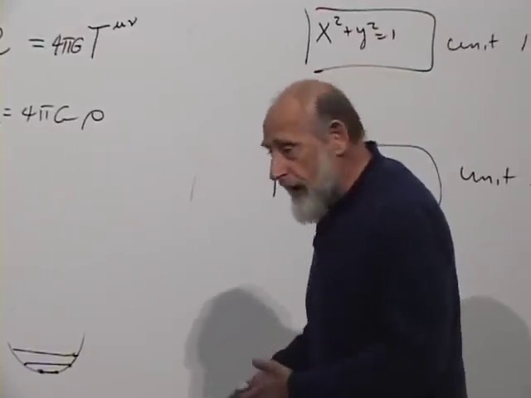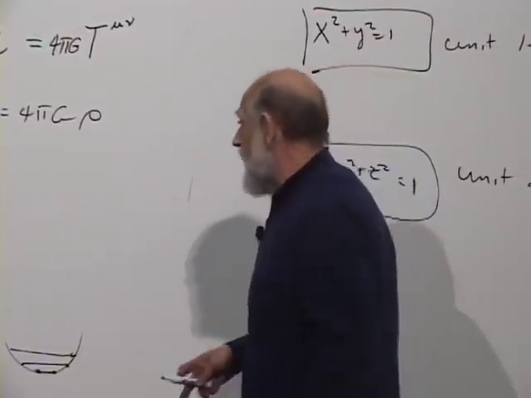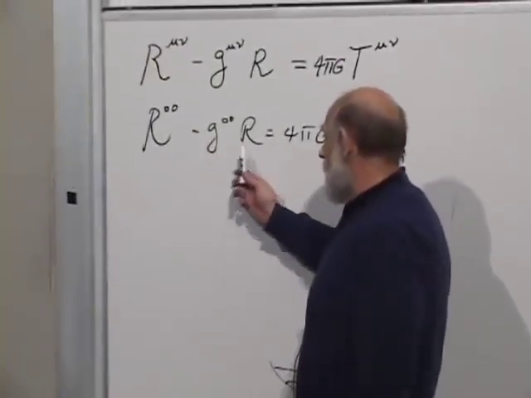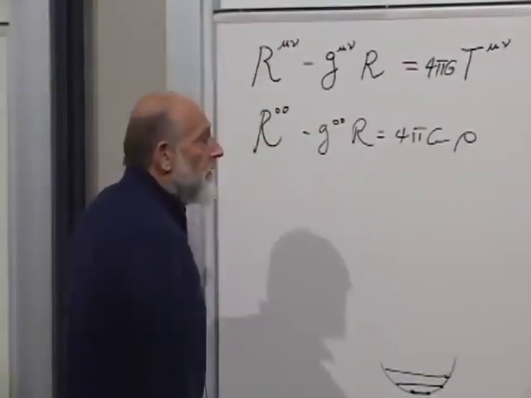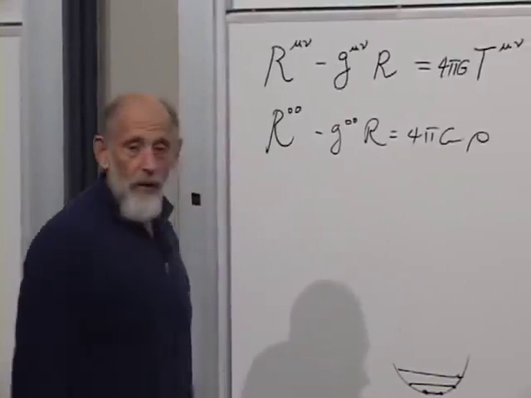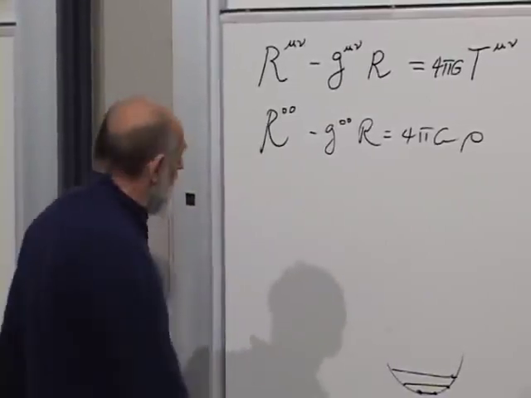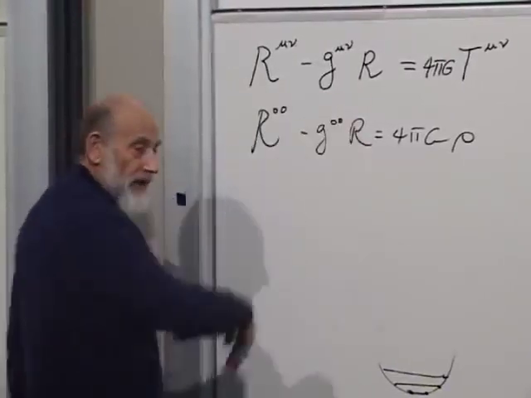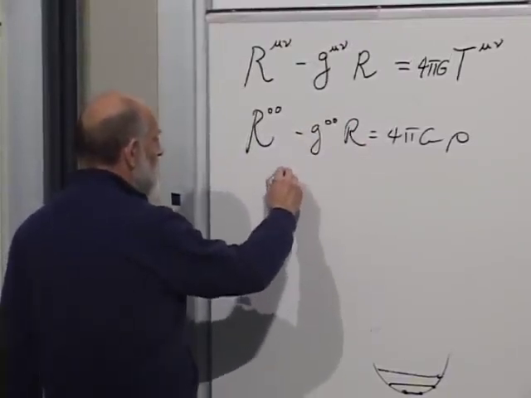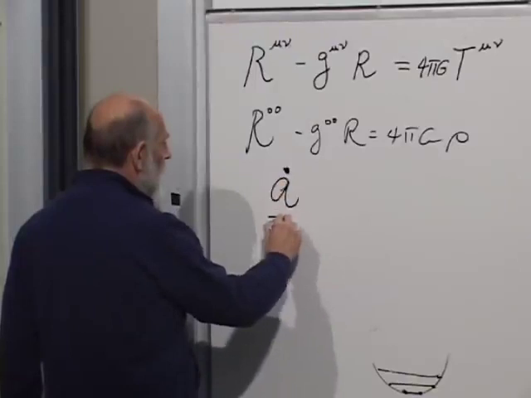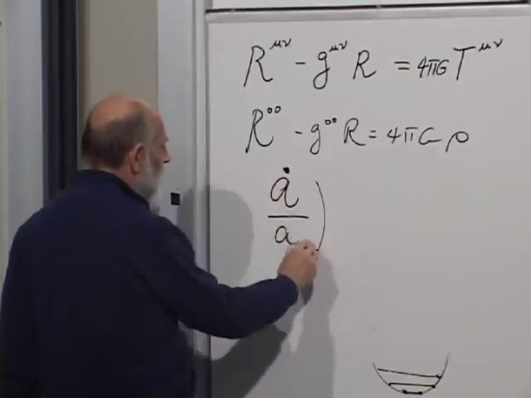if you work that out, spend a little bit of time with it, you find that these two terms combine together to give you, I will figure out the coefficient later. There's a numerical coefficient. I'll figure it out later by knowing the answer. But it's proportional, guess what, to A dot over A squared.